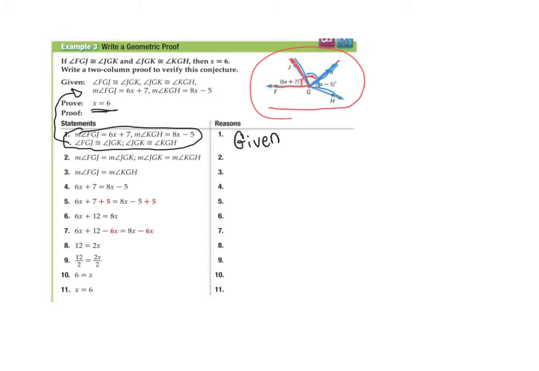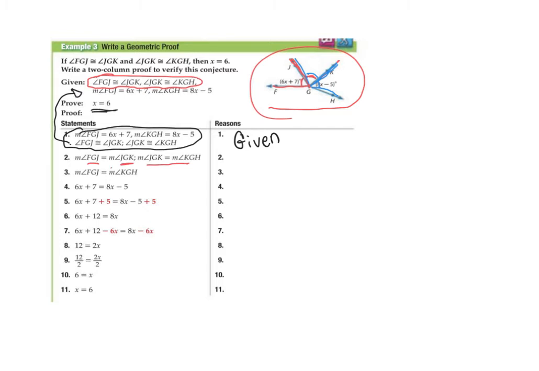Now I'm being told that FGJ equals JGK. And then the same thing, JGK equals KGH. So what happened was I took the given information here that I'm circling in red, and instead of having the congruent symbol, I'm changing it into an equal symbol.